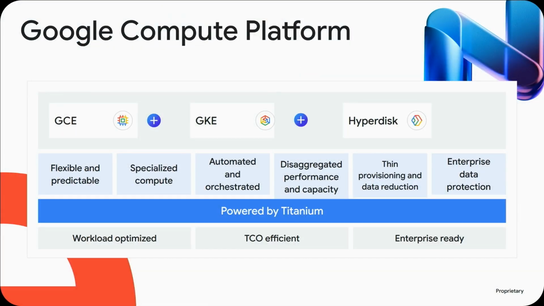So just to summarize a little bit, what is Google Compute Platform for us? It comprises of GKE, our Kubernetes Engine, and Hyperdisk that is built on the three pillars being workload optimized, TCO efficient, and enterprise ready. These pillars ensure that we can meet the most demanding infrastructure requirements while delivering superior economic value.